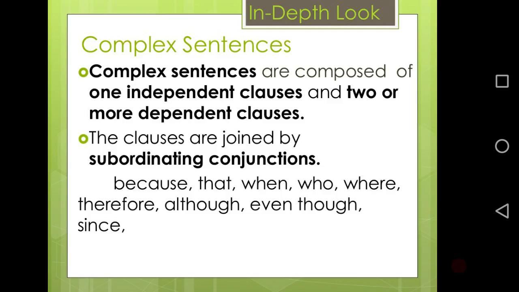Where is also in an adverb clause or adjective clause, and talks about the place. Therefore is in an adverb clause; although and even though are adverb clauses as well. Therefore talks about the result, like so, and although and even though talk about the opposite, like but or yet. Since is a term equal to when.